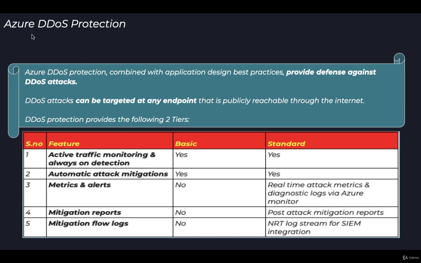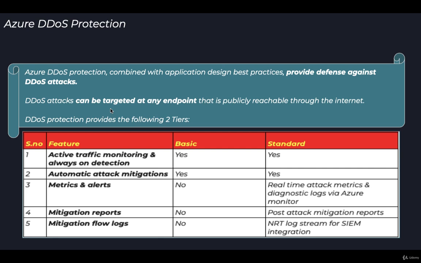Therefore, Azure DDoS protection offers different features so that you can protect your application from DDoS attacks and allow legitimate users to continue accessing the application. Azure DDoS protection combined with application design practices provides defense against such attacks.